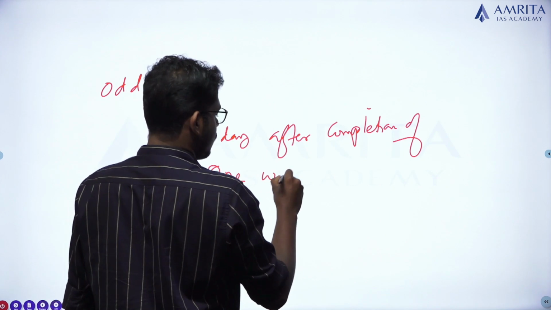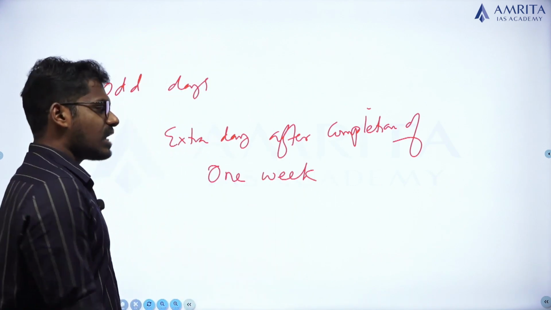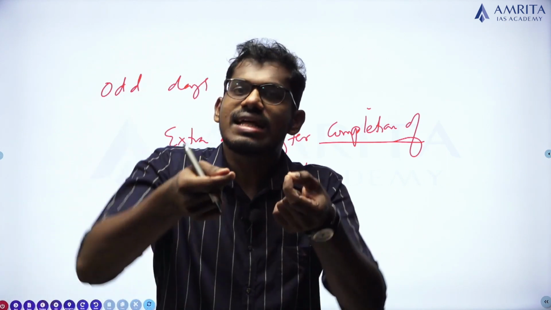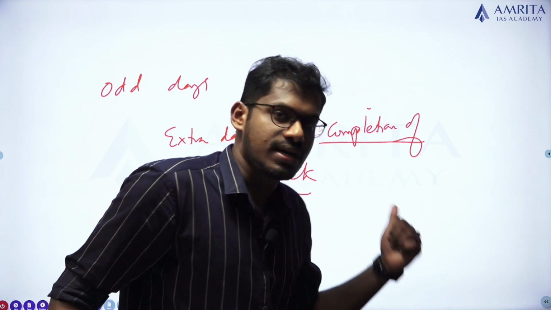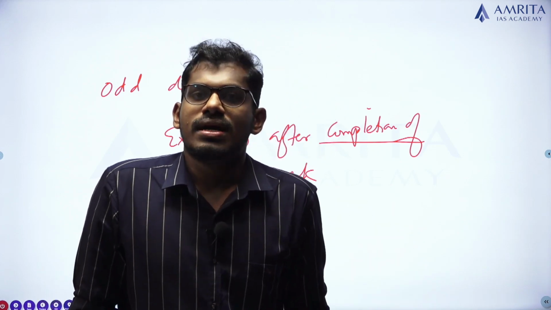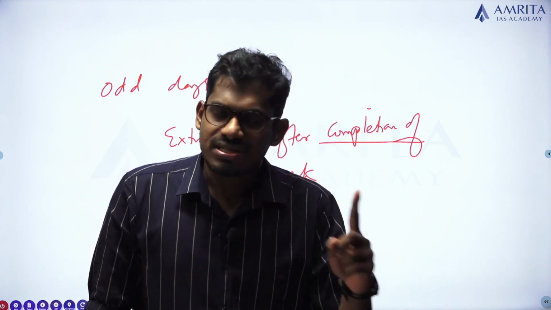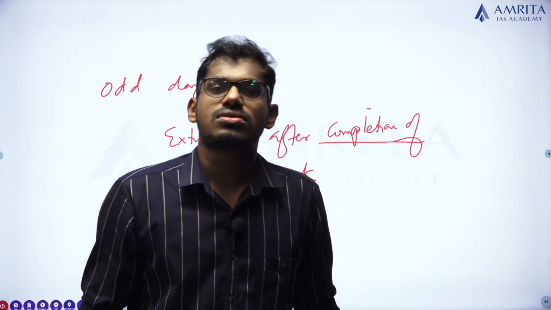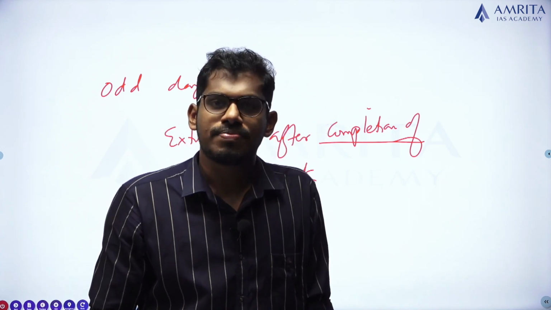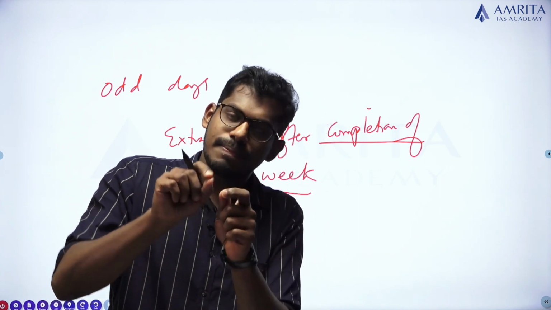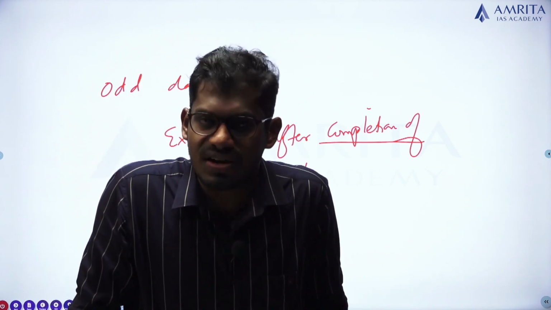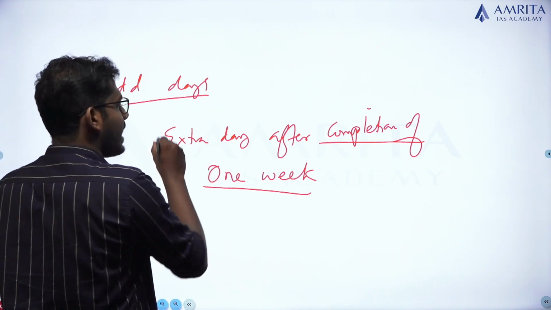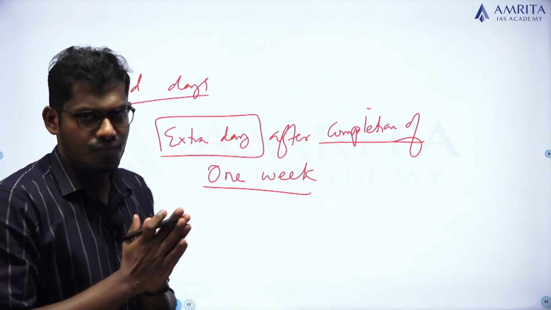After completing 1 week, the same day repeats, which we saw just before. The first day of Jan 2022 was on Saturday, and the 8th Jan 2022 was also Saturday. How does it happen? The same day repeats after completion of 1 week. Now we have to understand the idea of an odd day. An odd day is an extra day after completion of 1 week.